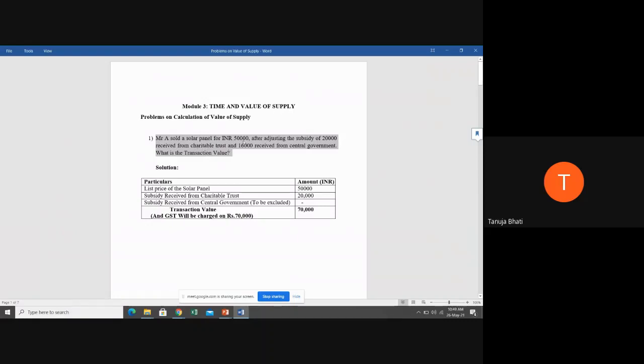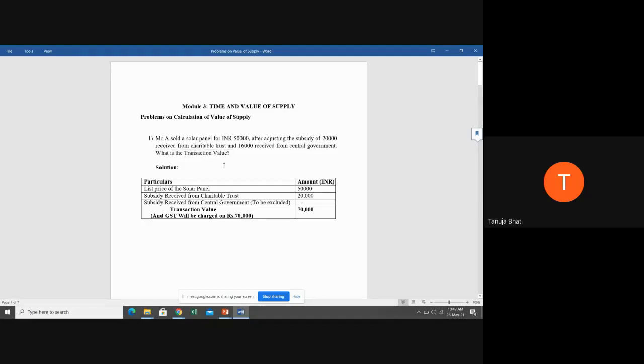So, if the price is 50,000 after adjusting, the value must be 70,000, and from 70,000 the subsidy is reduced, so it has become 50,000. He sold the goods for rupees 50,000 after adjusting subsidy of 20,000 received from a charitable trust and 16,000 received from the central government. So, what is the transaction value?